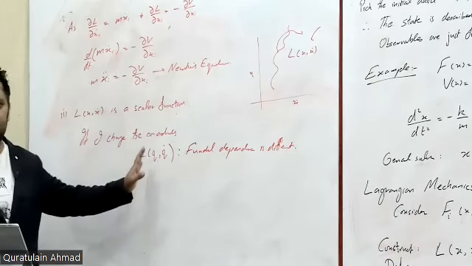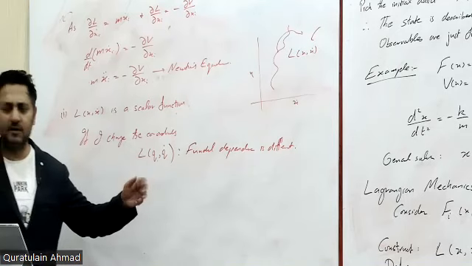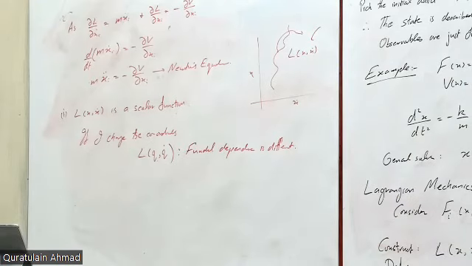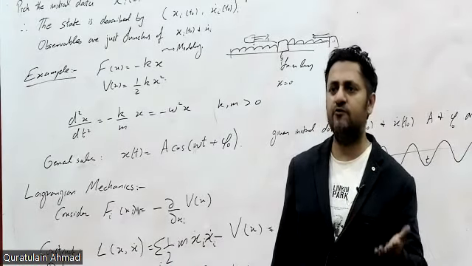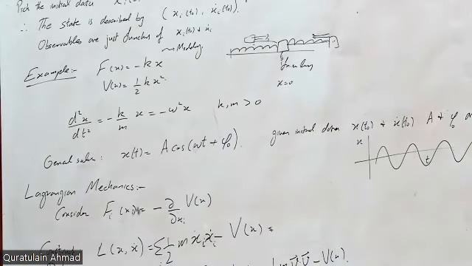However, since it's a scalar, this change of variables would be easier compared to if I start with Newton's equation. There, if I have to bring out a change of coordinates, it is a vector equation, so it will require a lot of care. Here, it would be easier.